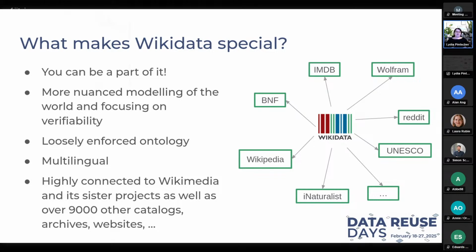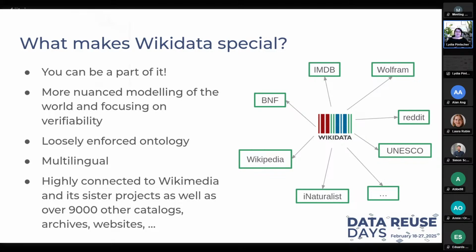Also, Wikidata is trying to model the world in a bit of a more nuanced way than usual knowledge graphs do. And it's very much centered around verifiability, meaning we try to find references for the data and attach them so you know where the data in Wikidata is actually coming from and can trace it back.